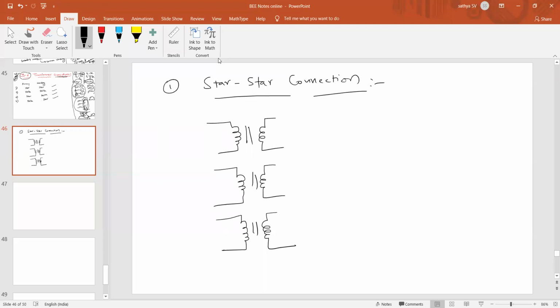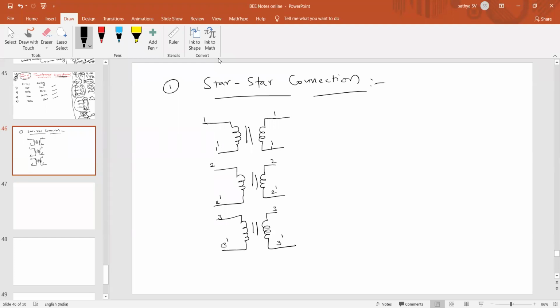Now, for your understanding, I am marking one dash, two dash, three dash.